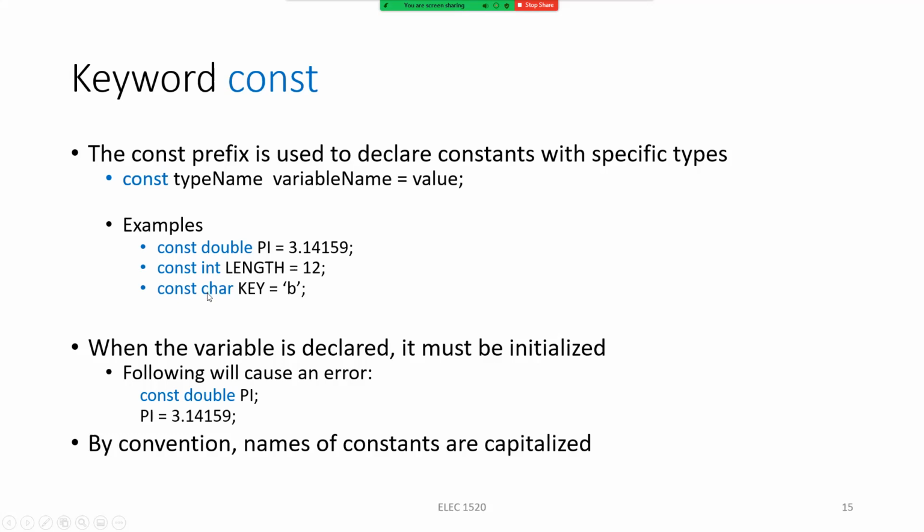Any of the built-in data types we're working with, you can create a const char, you can create a constant string, you can create a constant Boolean if need be. You can create consts with any of these built-in types we've been learning. And here's the important thing.